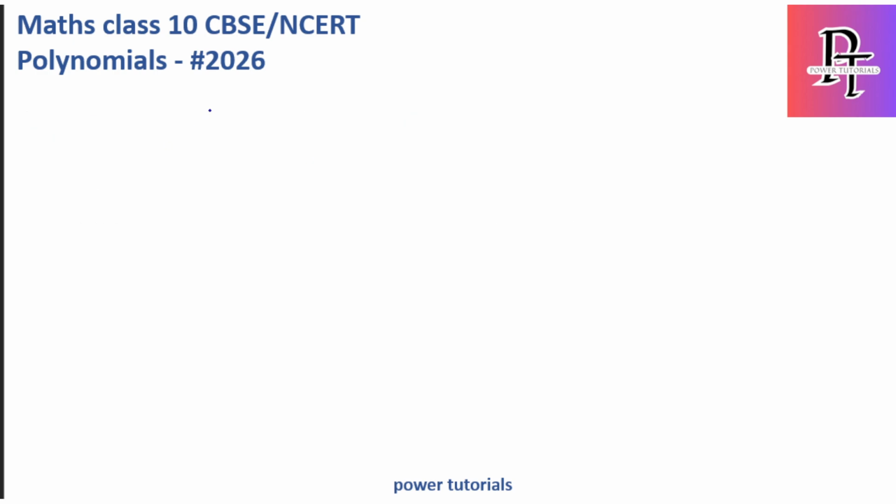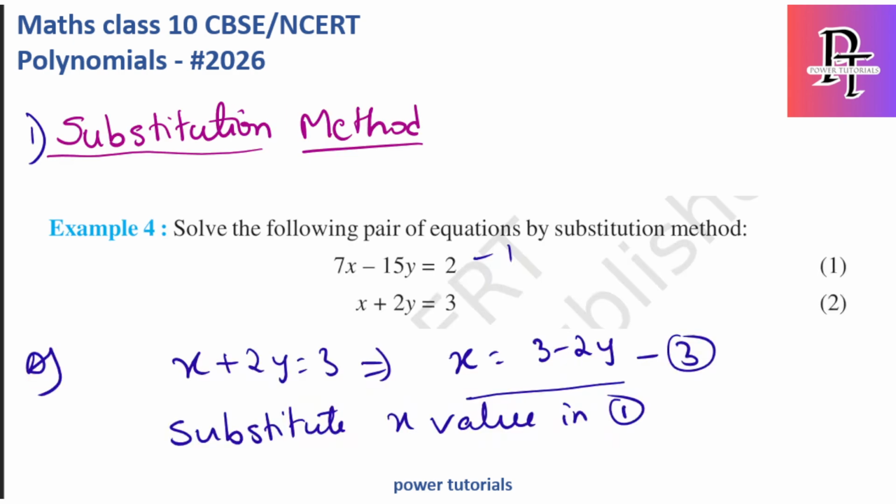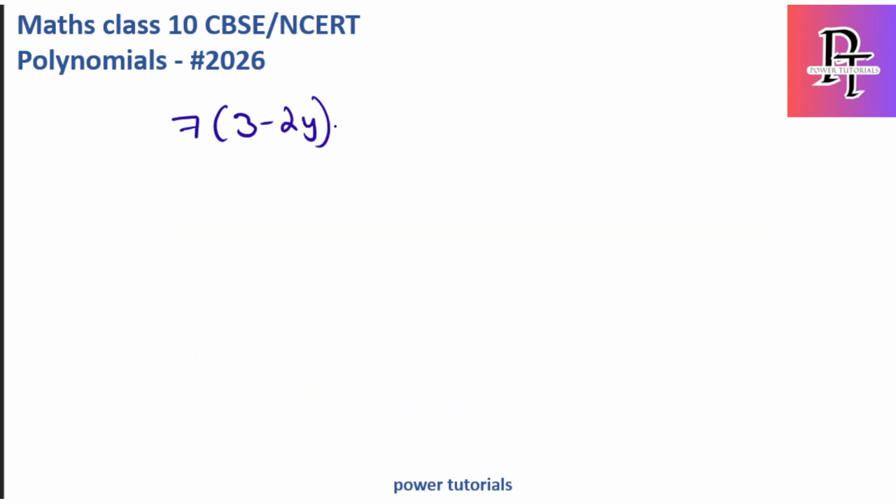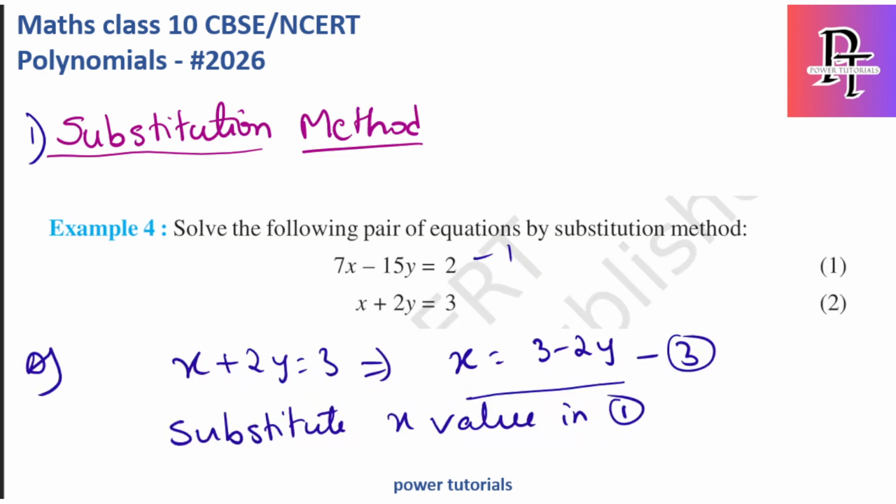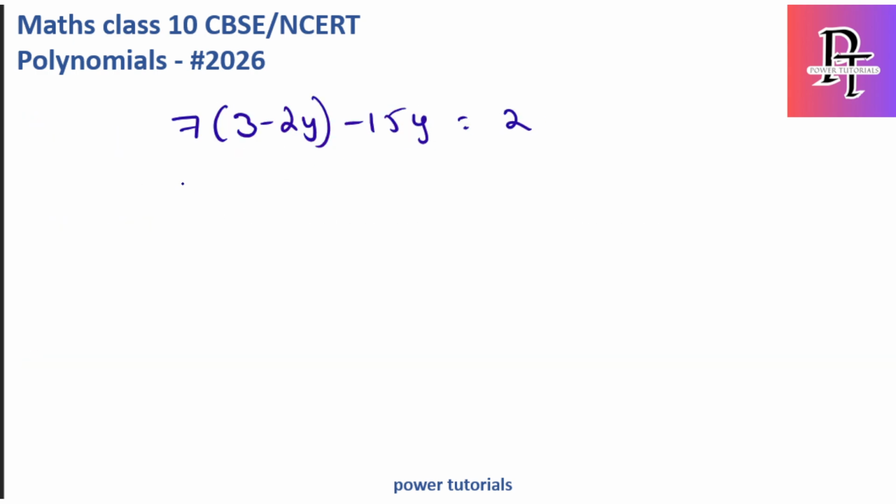So this becomes 7 into (3 minus 2y) minus 15y equal to 2. So 7 threes are 21, minus 14y minus 15y equal to 2.